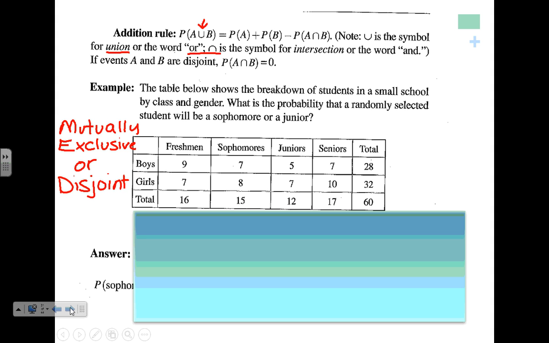This formula, by the way, is on your formula sheet, but you should easily know it. We're going to be using it so many times. The probability of A plus the probability of B, subtracting the probability of A and B. Remember, the upside down U shape is intersection, which means the word and.